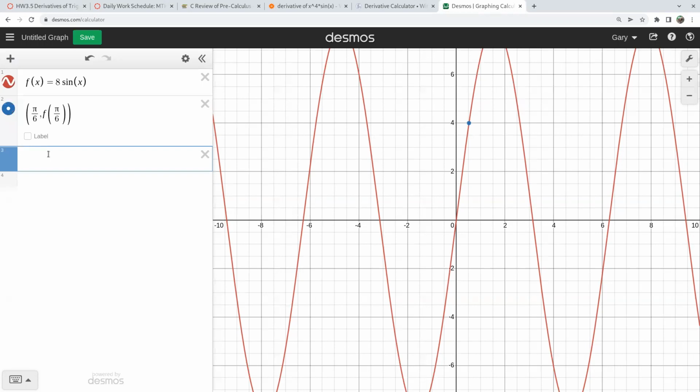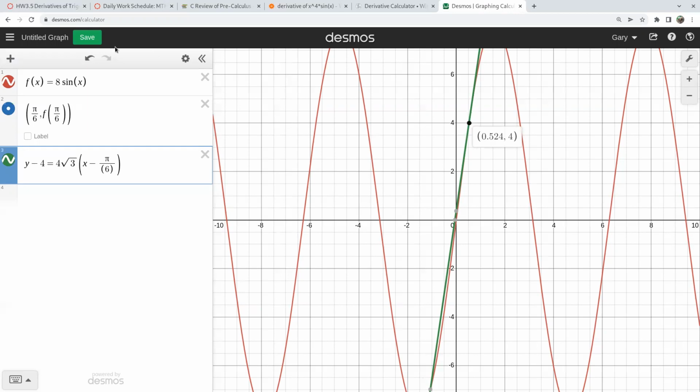I think the tangent line is y minus 4 equals 4 square root of 3 times x minus pi/6. And yeah, that green looks like a good tangent line at that point right there. We can zoom in to double check. It's looking good to me.